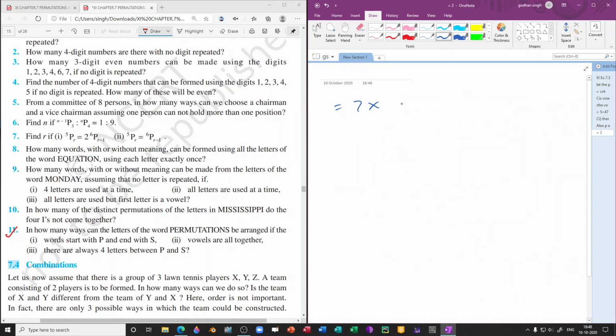So equal to 7 into 10 into 9 into 8 into 7 into 6 into 5 into 4 into 3 into 2 into 1.